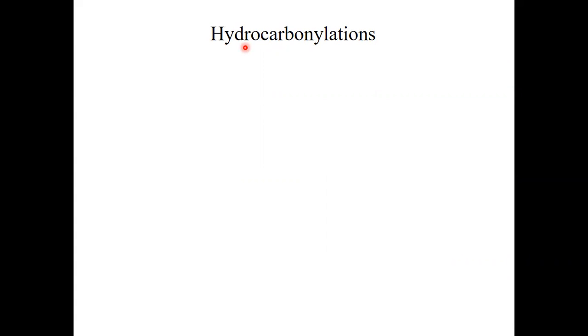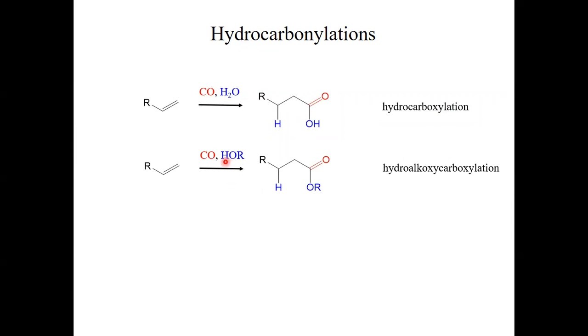Now there are variations of this hydrocarbonylation. You can not only use the pair carbon monoxide and hydrogen, but also carbon monoxide and other molecules. For instance, if you use water and CO, this is called a hydrocarboxylation. You can also use alcohols.